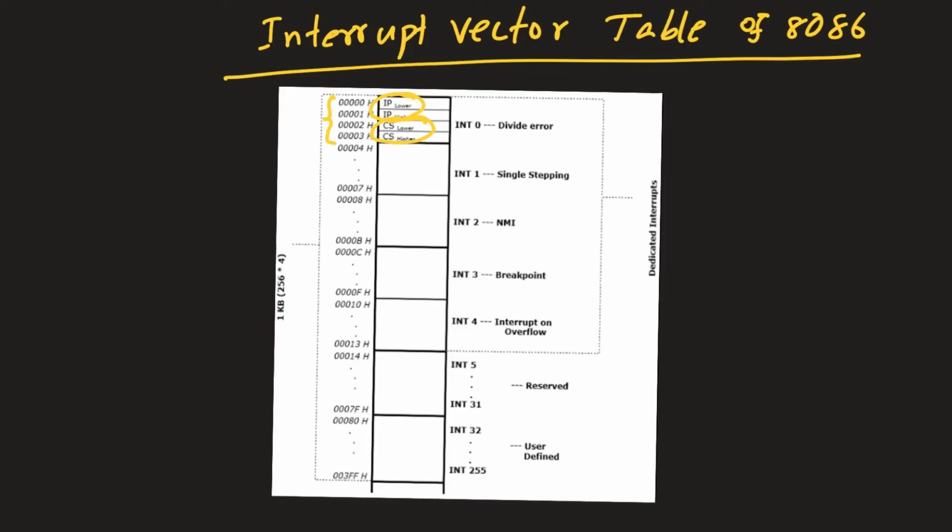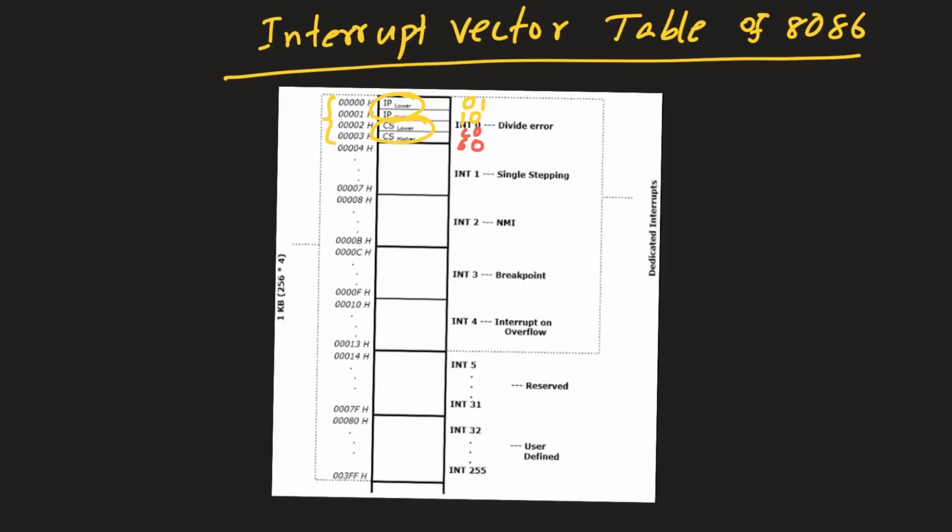So let's assume that at 00000 it is 01, and at the next location it is 10, and in 00002 it's C0 and 60.